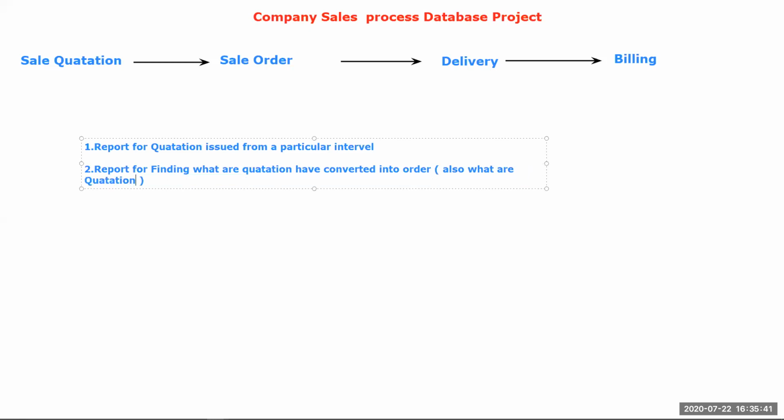And also you have to calculate what quotations have not converted into sale orders. So you have to find what quotations have converted into sale orders, and also what quotations have not converted into sale orders.